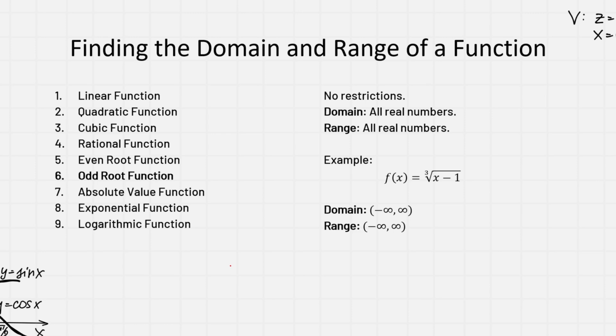If your index is odd, that is an odd root function. In this case, we have f of x equals the cube root of the quantity x minus 1. Since our index is 3 and that is odd, that is an odd root function. And for an odd root function, the domain and range are all real numbers.